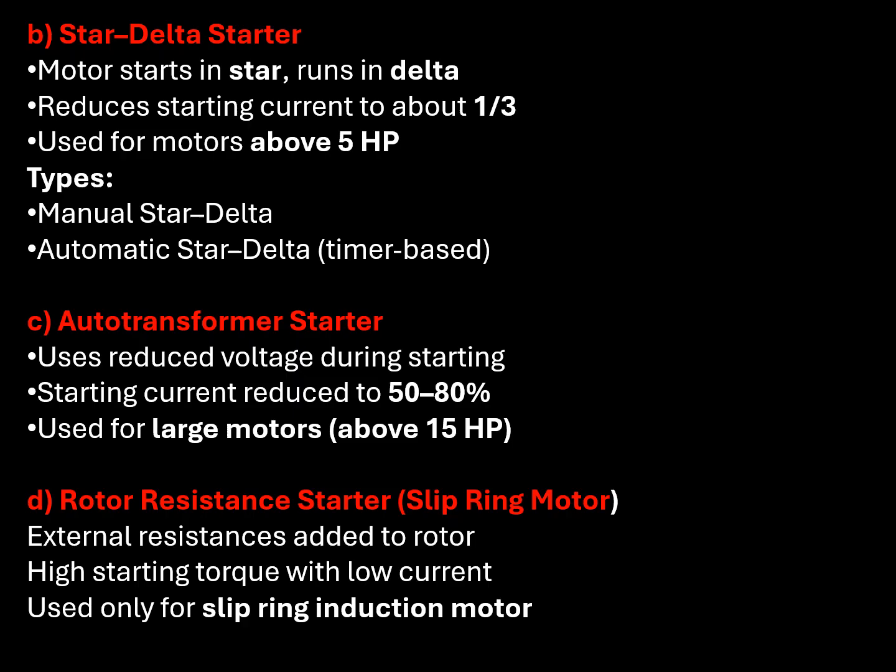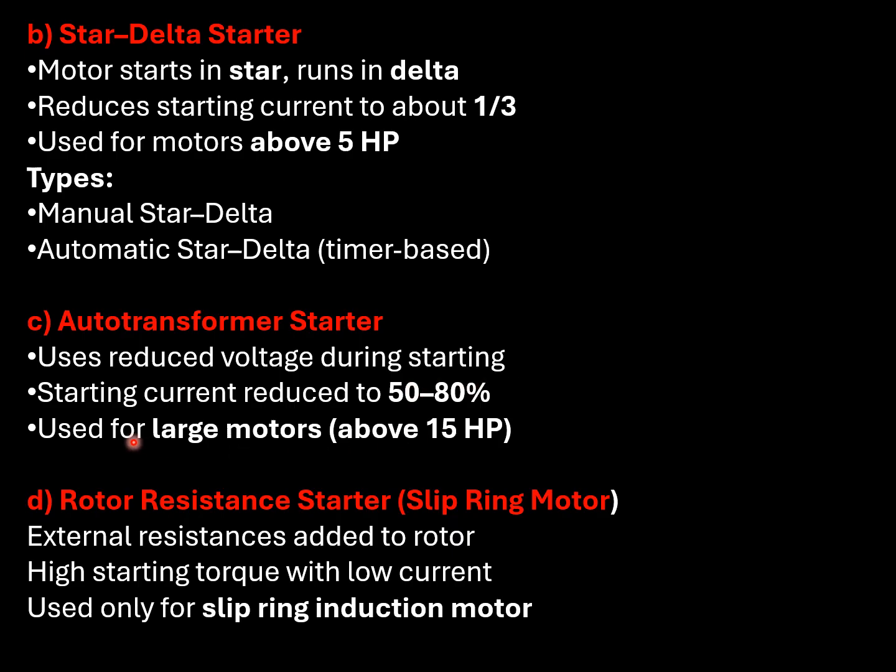They can be manual star delta or automatic star delta based on time. Third category, auto transformer starter. They use reduced voltage during starting. Starting current reduced to 50 to 80%.